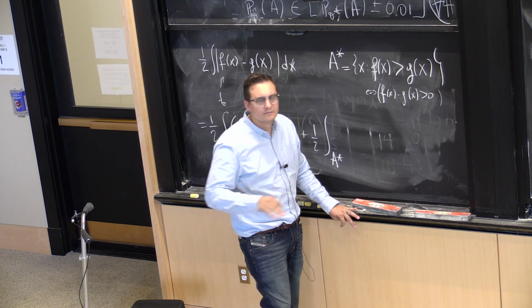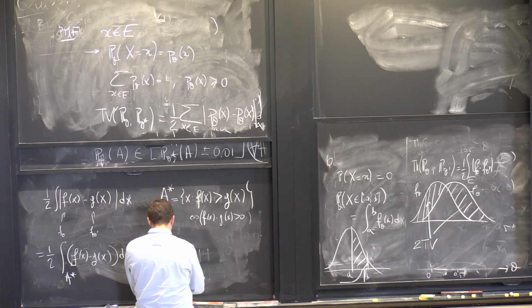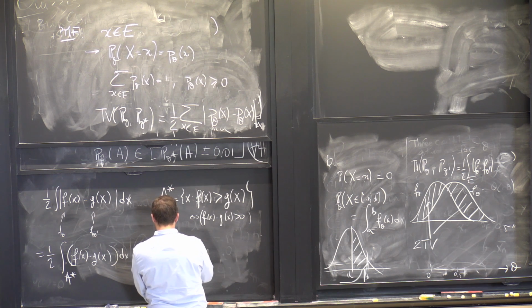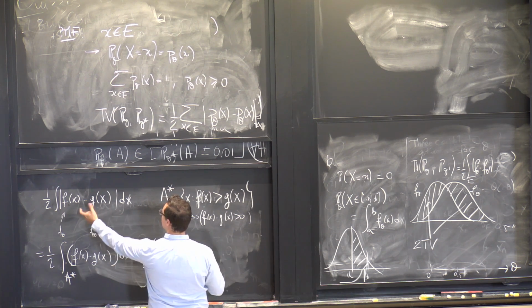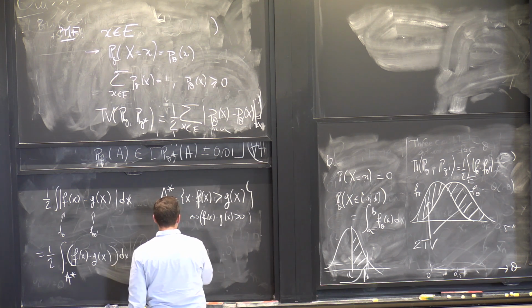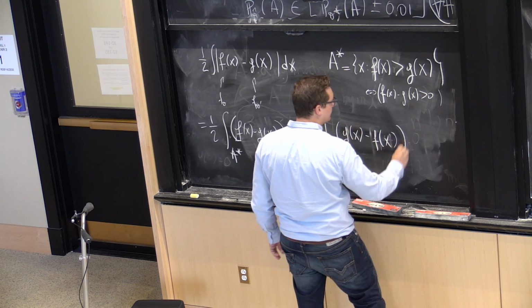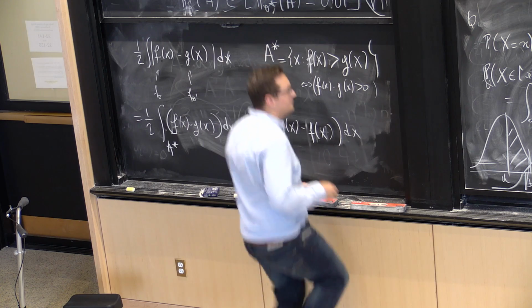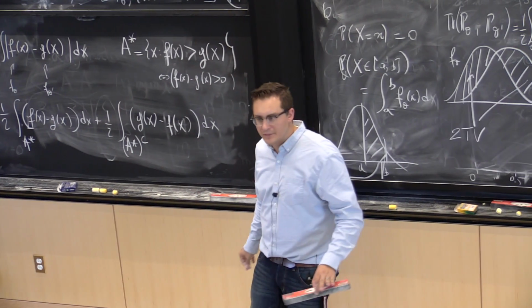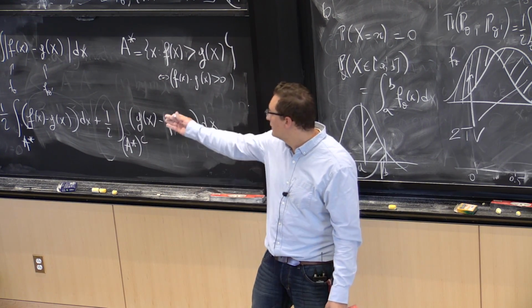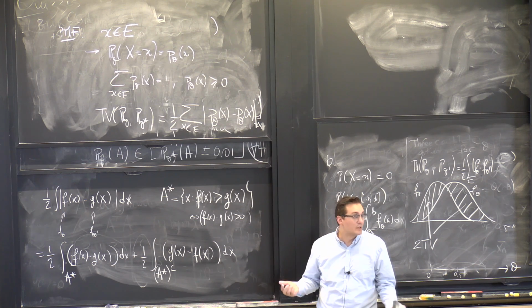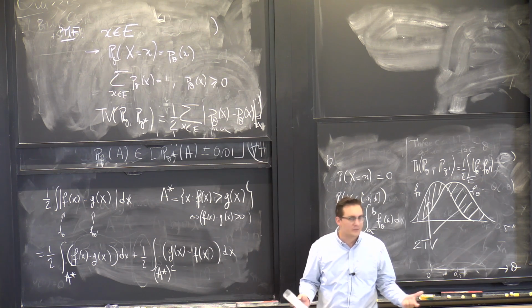The c? Okay, and so here on the complement, f is less than g, so this is really g of x minus f of x dx. Okay, everybody's with me here? Those are just rewriting the definition of the absolute value.